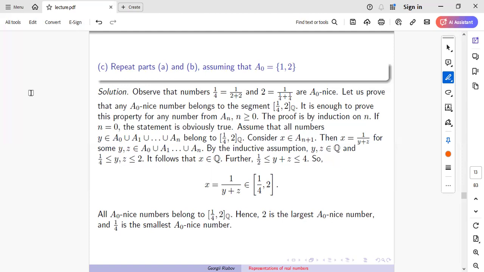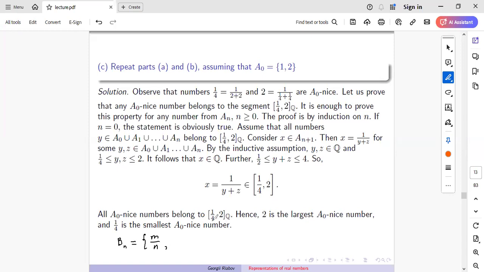Again, we can consider the set Bn, which is the set of all rational numbers with the denominator n from the segment 1/4 to 2.